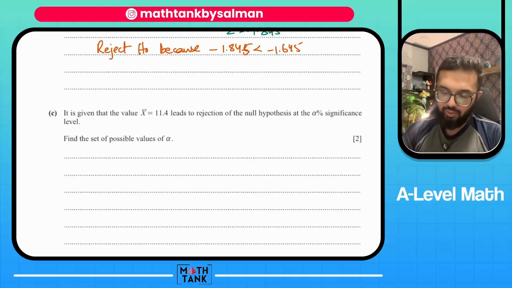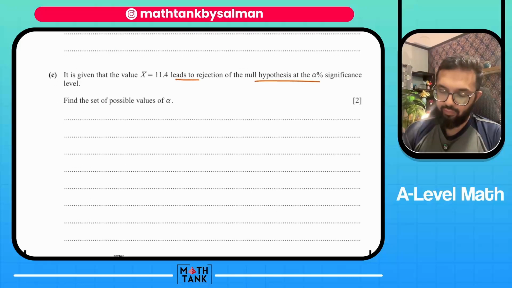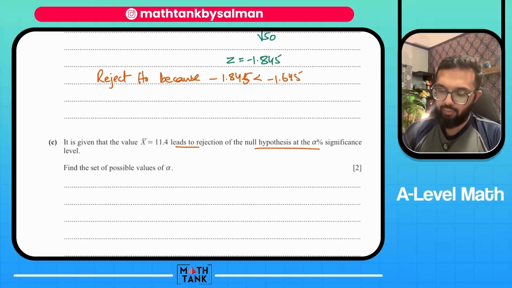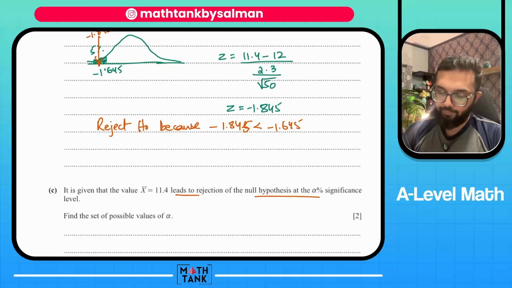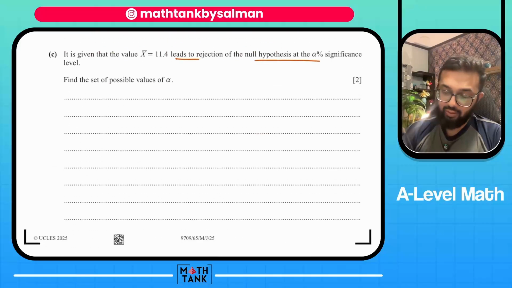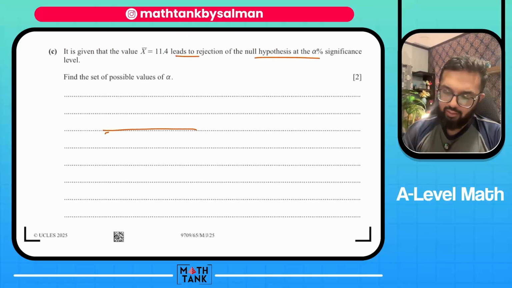It is given that x bar leads to rejection of the null hypothesis at the alpha percent significance level. Okay, so if it is 11.4, find the set of possible values of alpha. So 11.4 gave me a statistic of minus 1.845.